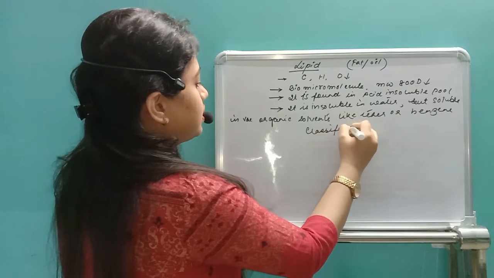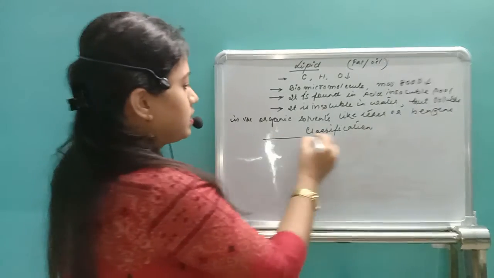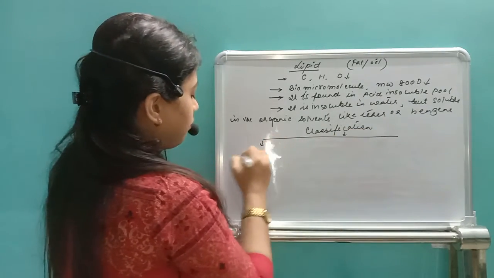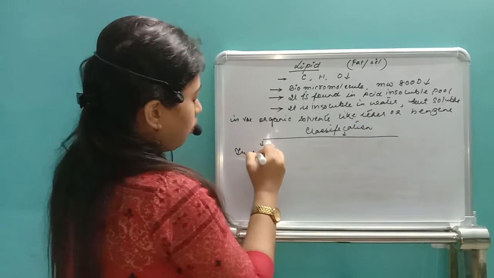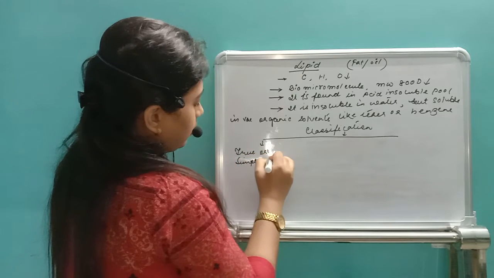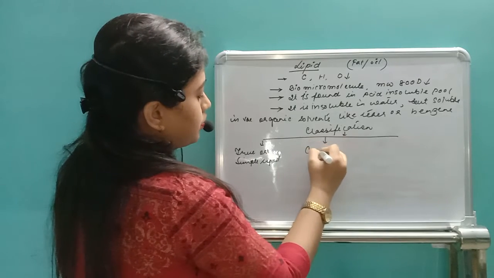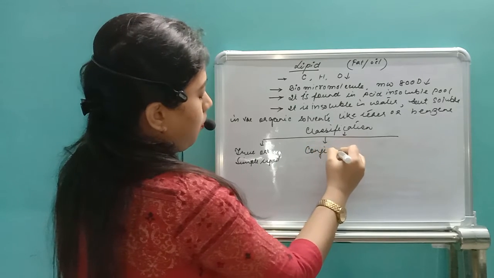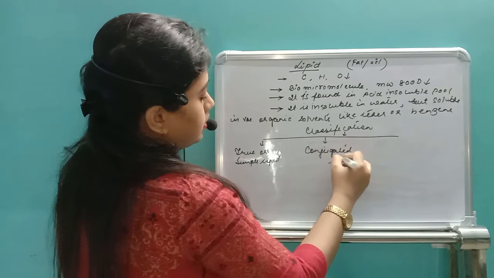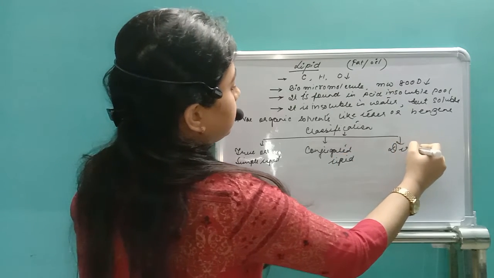So if you see the types of lipids, how many types can we see? We can see three types of lipids. One is the true or simple lipid. Next one, we can have conjugated lipid. Then the last type of lipid is the derived lipid.